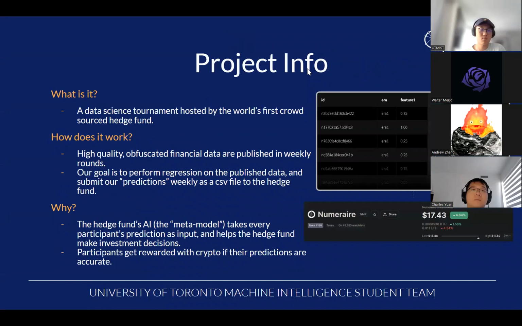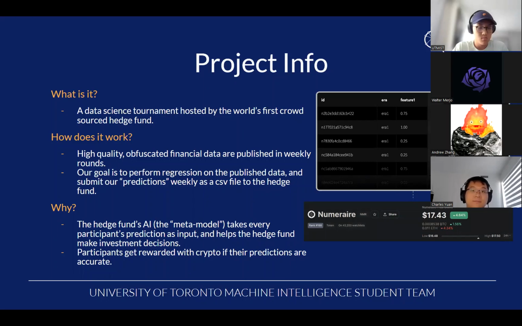Okay, so first of all, what is it? Numerai is a data science tournament hosted by the world's first crowdsourced hedge fund. So how does it actually work? The hedge fund in San Francisco pays data collection agencies to collect high quality financial data on the financial market, which are published in weekly rounds in the tournament.